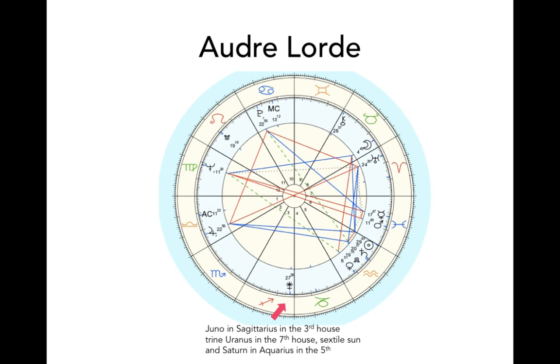And so for somebody who is famous for, one of the things she's famous for is, the uses of the erotic, the power of the erotic, having all that 5th house stuff in terms of the 5th house being a place of erotic energy and sexuality, and Venus is there, planet of erotic energy, in sextile with her Juno in the 3rd house of writing and communicating, and sets up a good, healthy communication between Juno and her 3rd house of what she's going to talk about, and the 5th house of creative energy.